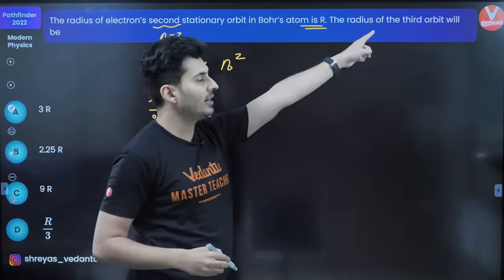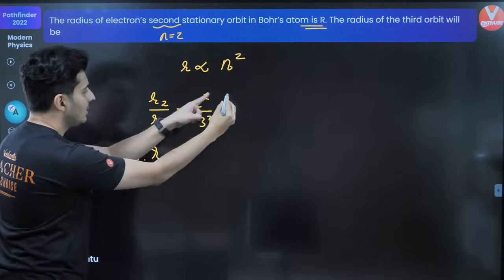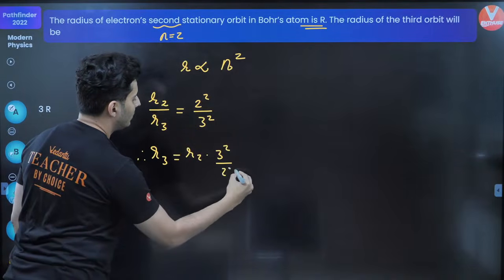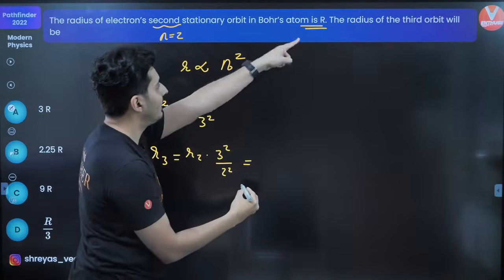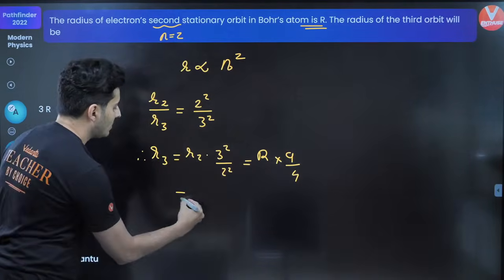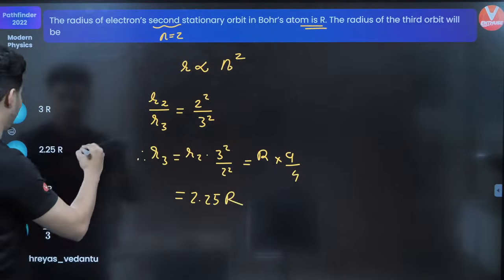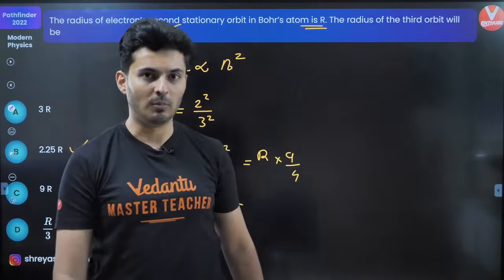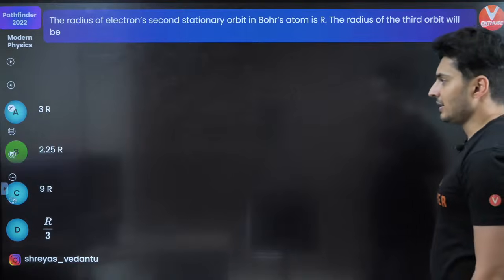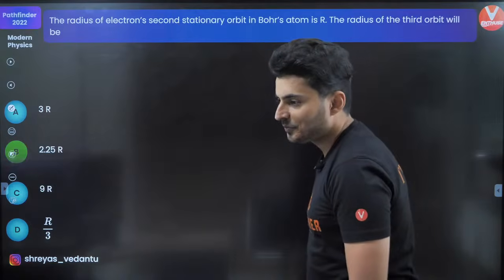Because the question is, what is the radius of the third orbit? So therefore, R3 will be R2 into 3 square divided by 2 square. Second orbit's radius is R, 3 square is 9, 2 square is 4. So 9 by 4 is how much? 2.25 R, which is option B. B for Bombay. Yes, it is option B. Got it? Done.